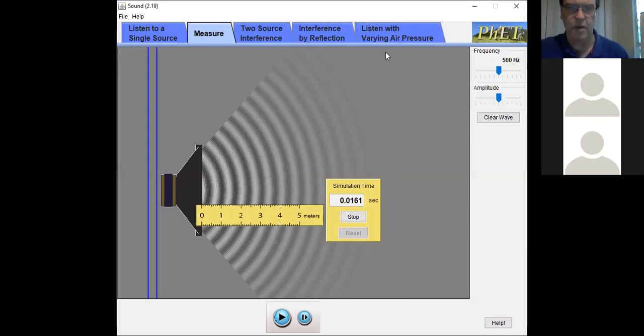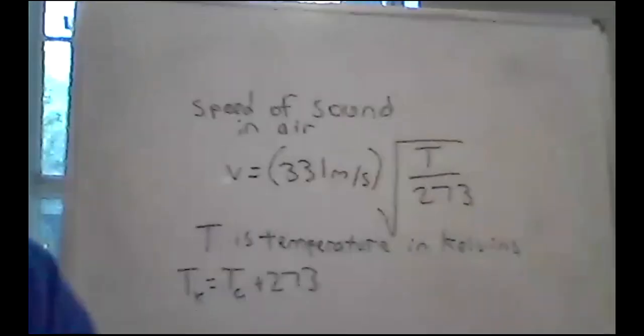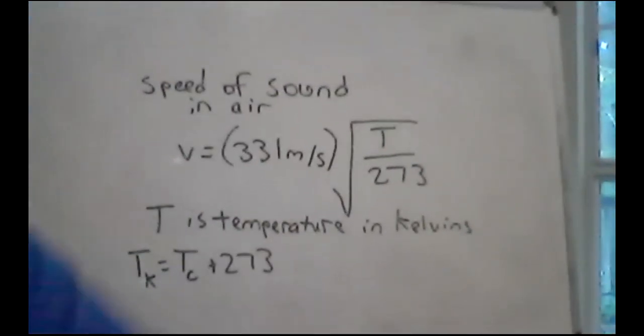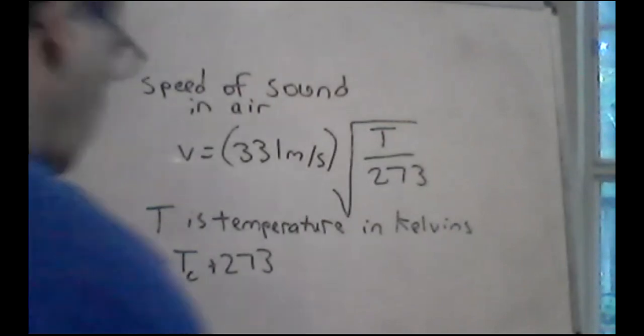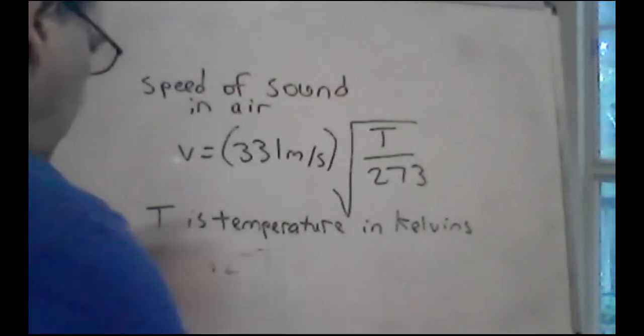So let me go back to my whiteboard. All I did is follow some part of a wave in this very, very rough experiment and timed how long it took. I think you'll do a better job than me by doing this experiment yourself, but how can I find the speed of sound in this very crude experiment? Well, I measured that it took 0.0161 seconds.